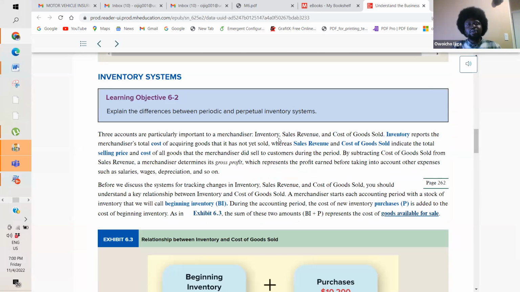Maybe before we talk about the inventory systems, let me take you guys to chapter 7. Let us look at the types of inventories and the classifications so that it becomes much more clear.